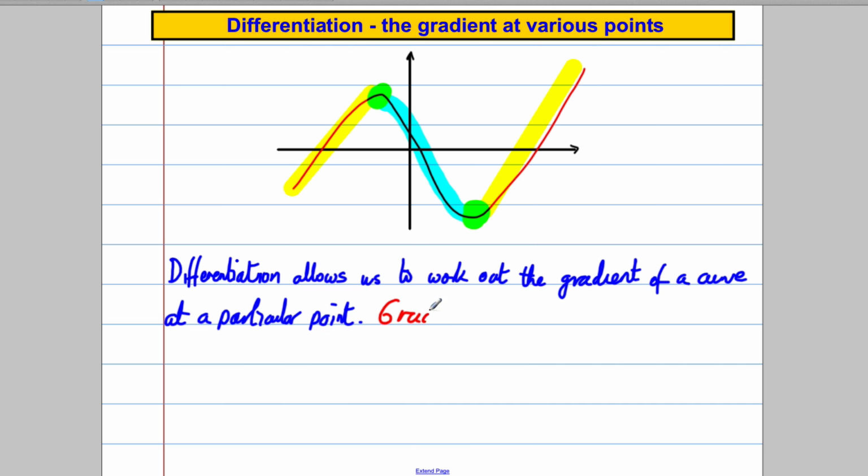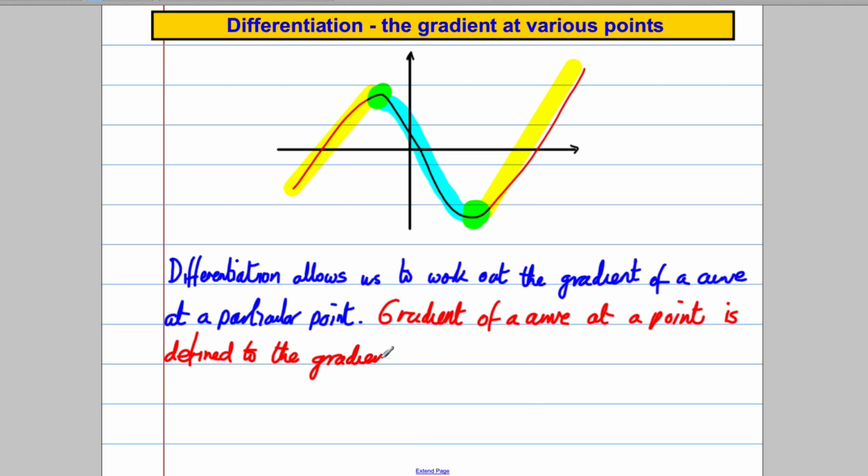The gradient of a curve at a point is, by definition, the gradient of the tangent to the curve at that point. So hopefully that's familiar to you as well.